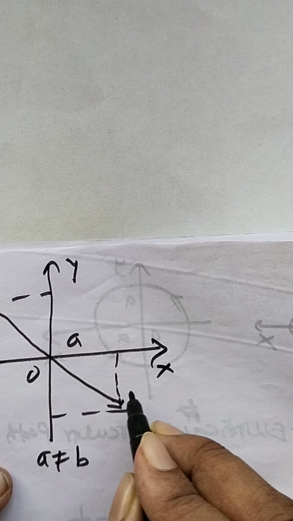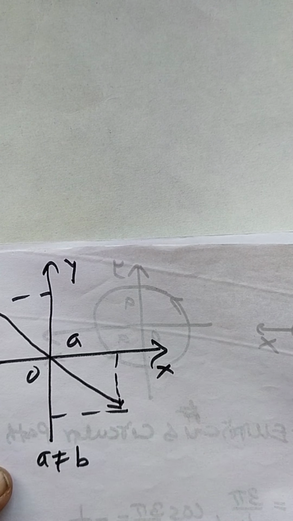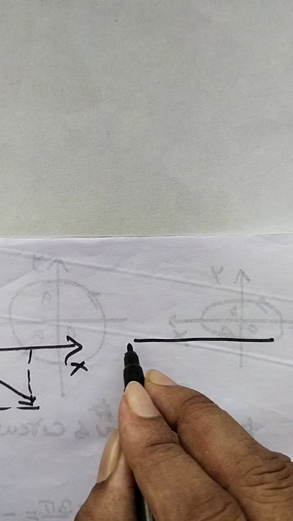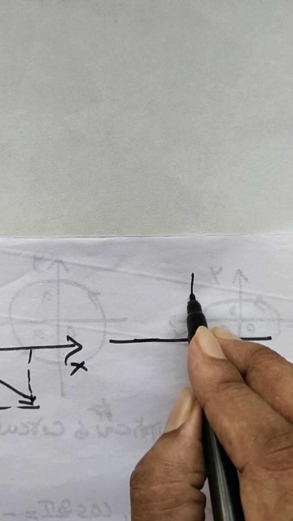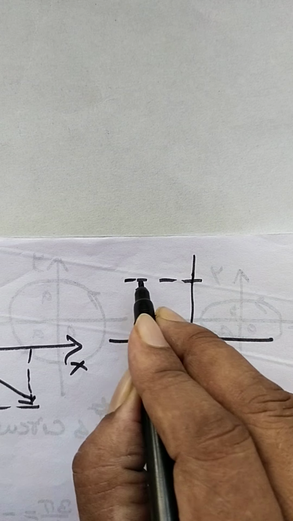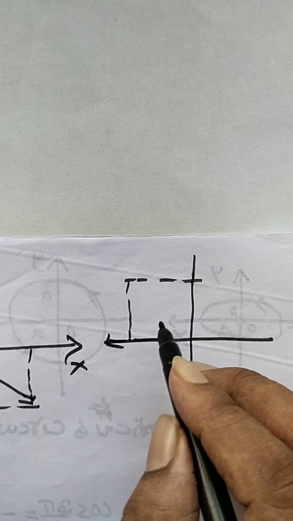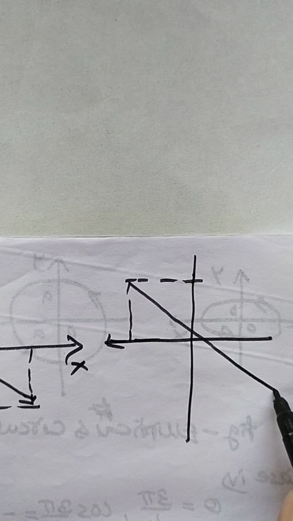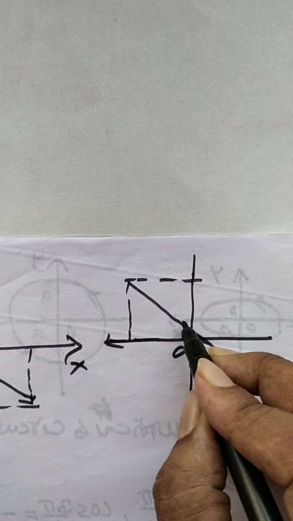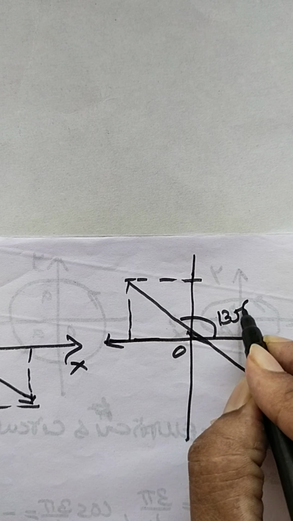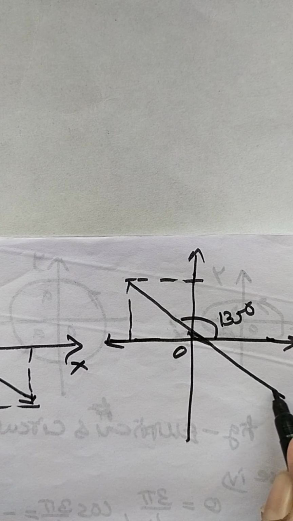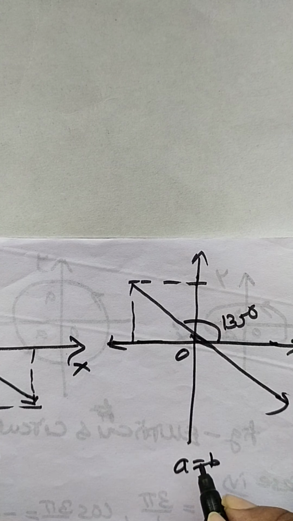This is the x-axis, and here these are 135 degree, a is equal to b.